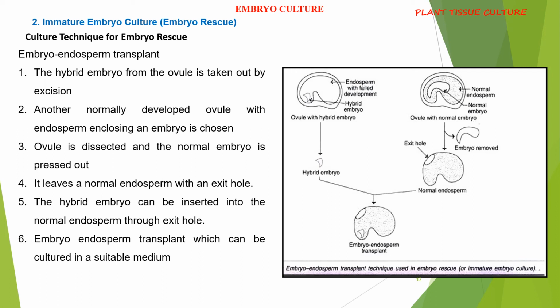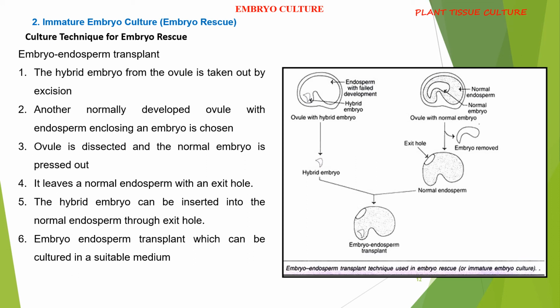In this particular ovule, the normal embryo is dissected out without damaging much of the endosperm. This leaves a normal endosperm with an exit hole.